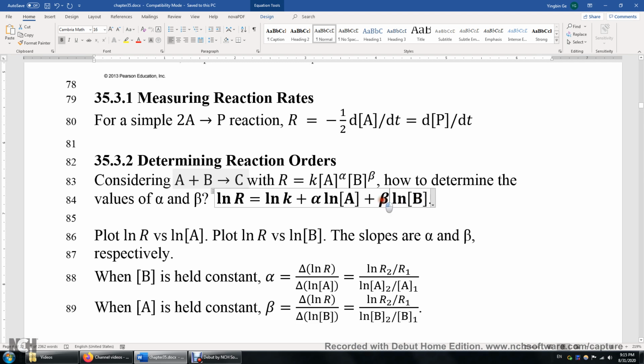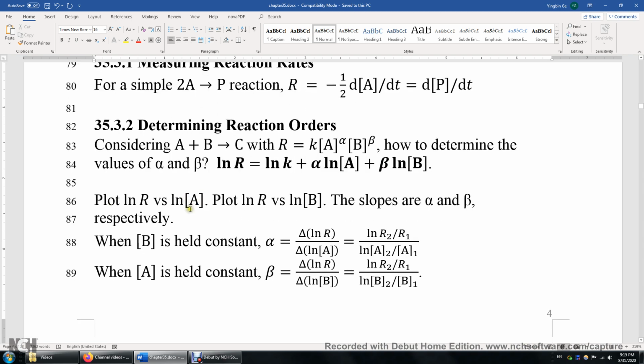The slope is beta. So this is how we use a spreadsheet to determine the values of alpha and beta for this chemical reaction mechanism. And alpha plus beta is the overall order of the reaction.